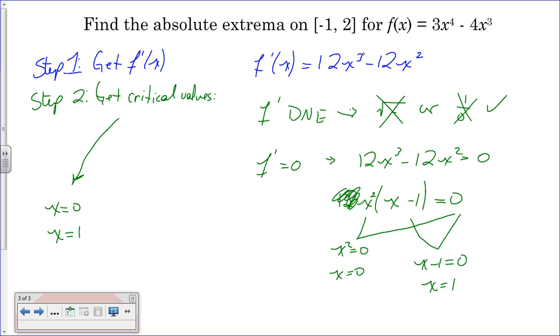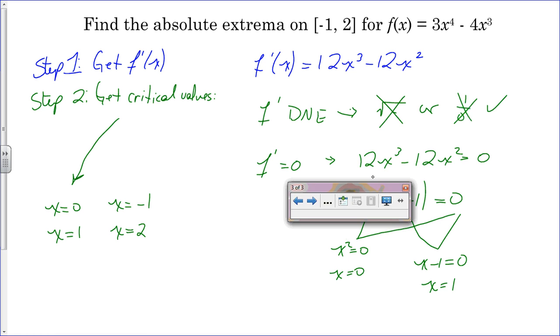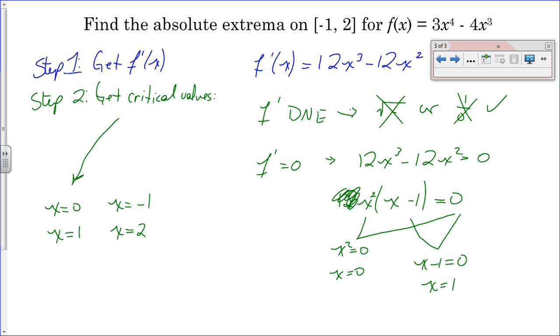So we're also going to have to test our endpoints. All right, so step 3 is use f of x to find the overall max and min.